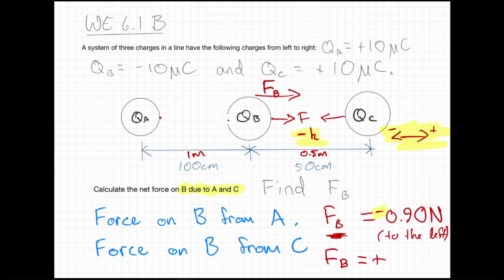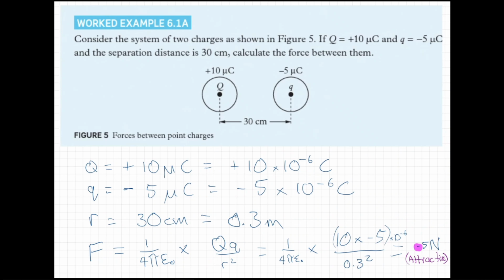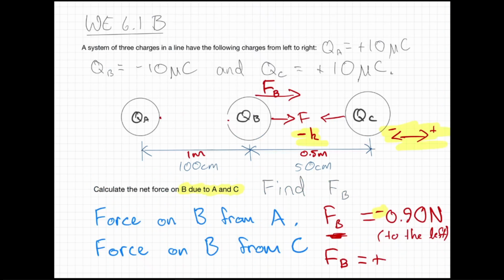If you're dealing with a case like this, where it's just two charges, attractive is usually enough, or repulsive. But here we've set a reference frame, positive and negative. We'll get a negative or a positive answer. We need to use that to tell us the direction. It's not the be-all, end-all.